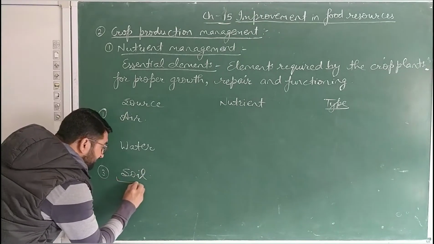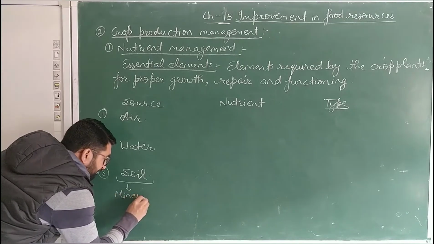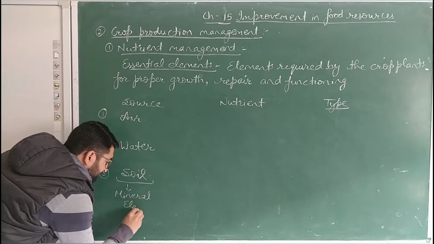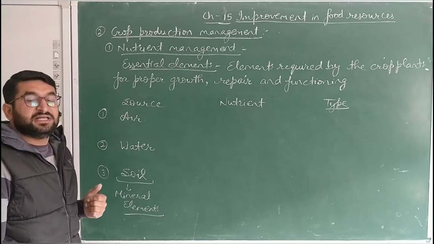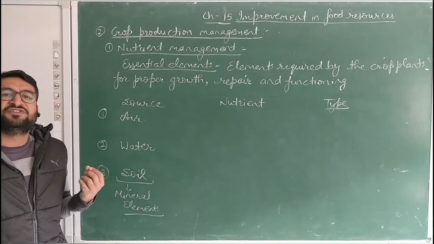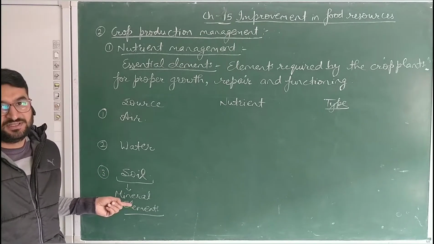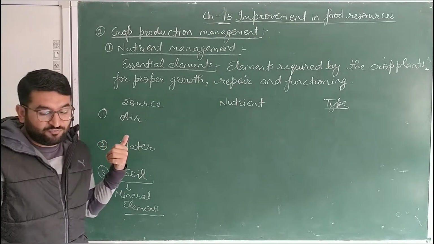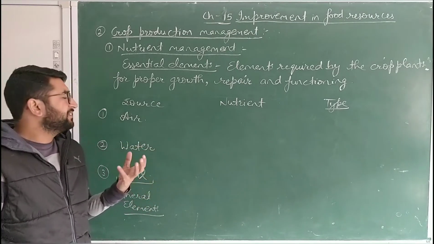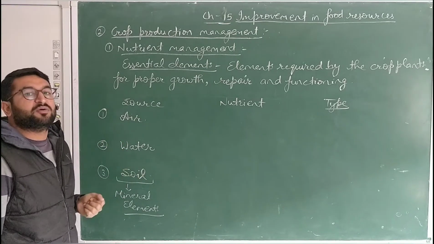The elements which a plant will get from soil are known as mineral elements. Other than soil, there are two more sources, the air and water, which provide nutrient elements to the crop plants.